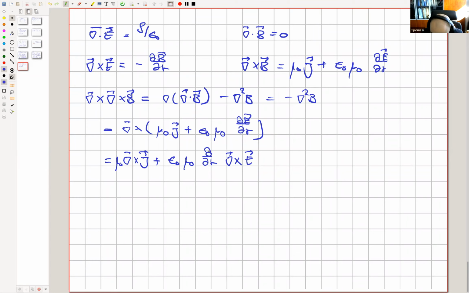So write the curl in here, which again, using this equation here, I can simply turn into a time derivative with respect to B. Here I've got mu naught curl of J plus epsilon naught mu naught, and this is simply now the second derivative with respect to B.